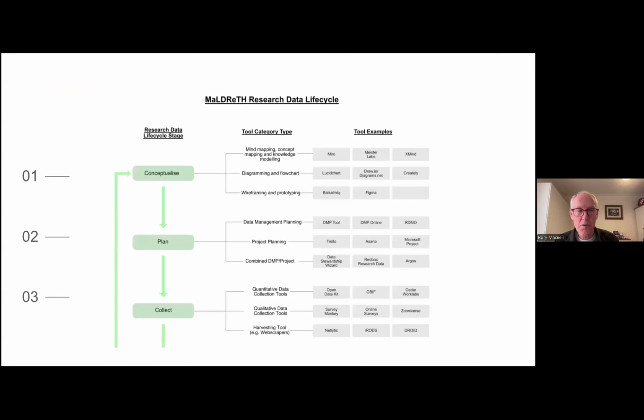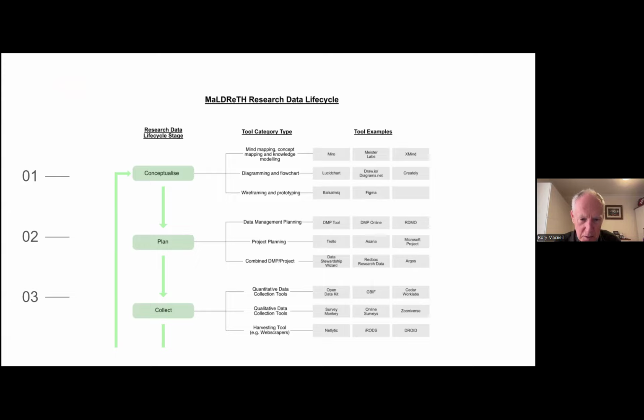I'm not sure how well you can see this, but this gives you a bit more sense of what I was trying to say. You can see here 3 of the phases as examples: conceptualize, plan, and collect. In the plan phase, you have data management planning tools, project planning tools, and combined DMP and project managing tools.